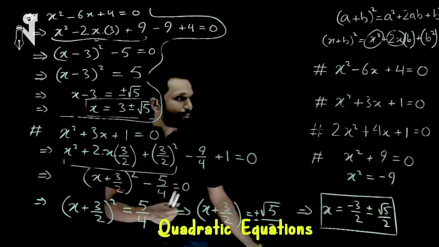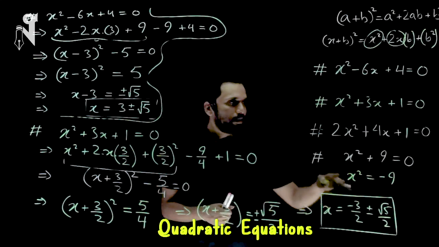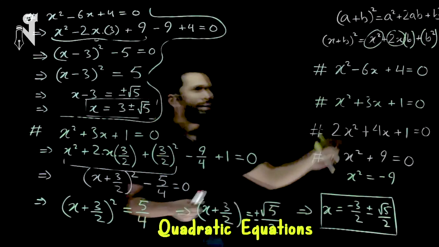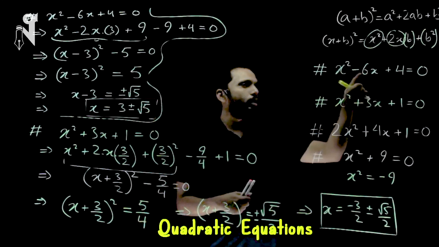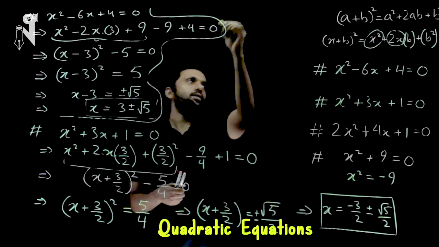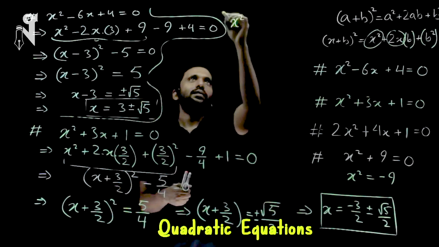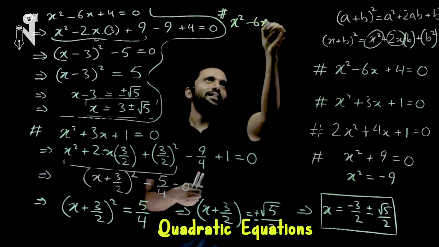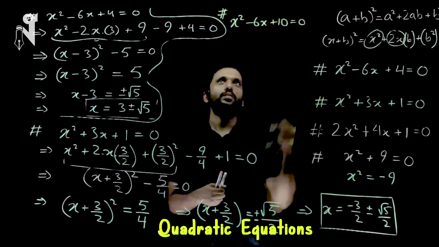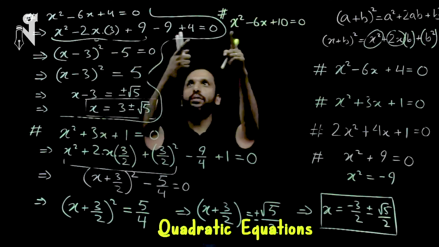I hope not. Now this kind of scenario can happen when you are solving these kind of questions also. Like say instead of x square minus 6x plus 4, it was a plus 10. Suppose the question was x square minus 6x, I'm just copying the same question, but instead of 4, it is plus 10 equal to 0. Then you'll be doing the same stuff.